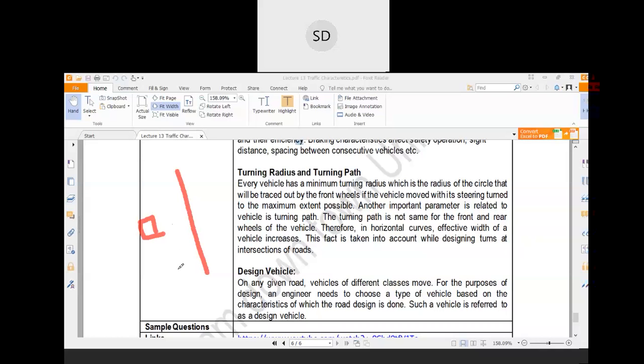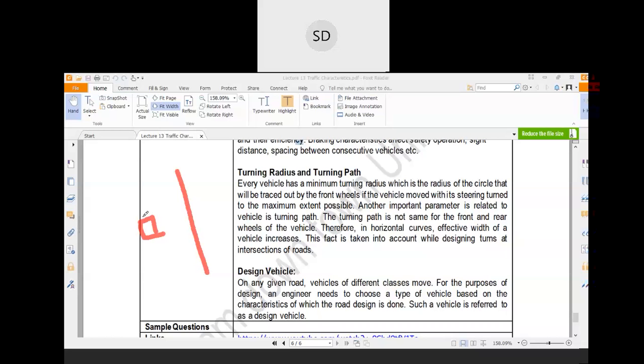Now, if you want to find out the total number of vehicles, you cannot easily count all these types of vehicles because they are different from each other. If you consider a truck and a two-wheeler, the two-wheeler is much smaller than the truck, so we cannot simply add up a truck and a two-wheeler.